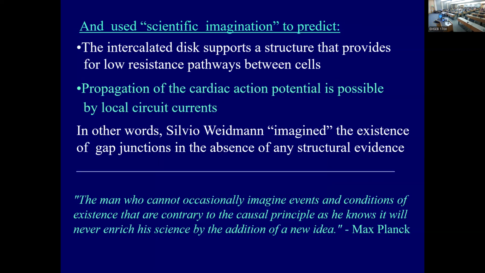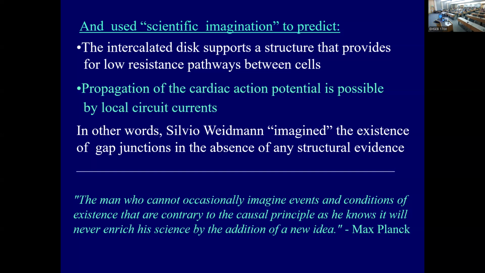He then used scientific imagination to predict that the intercalated disc supports a structure that provides for low resistance pathways between cells. Propagation of the cardiac action potential is possible by local circuit currents, so there is no need for chemical mediation between cells like in the nervous system.